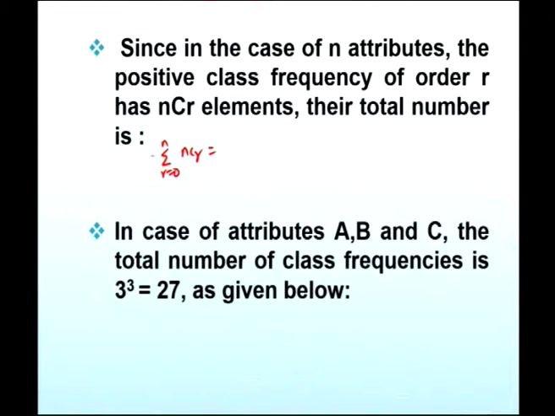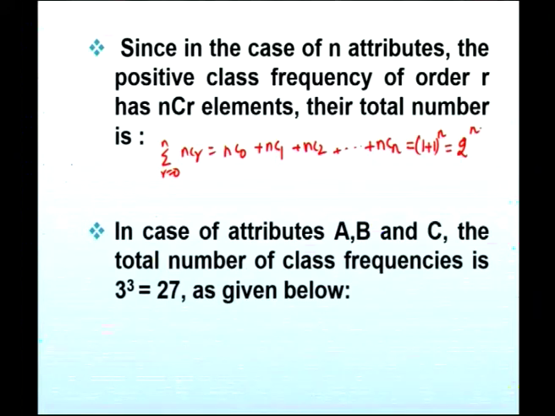We are talking about only positive class frequency. Positive class frequency means only 1 power R, NCR into 1 power R. So, this being expanded, NC0 plus NC1 plus NC2 plus etc. plus NCN, and this expansion is again a binomial series expansion, where you have 1 plus 1 whole power n, which is equal to 2 power n.